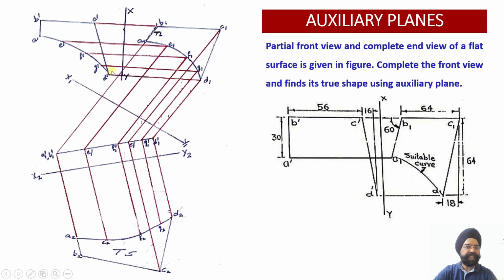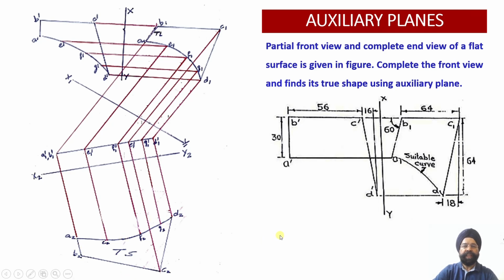Having completed this curve, now we have gone parallel to this edge view, and all the distances from X1, Y1 have been appropriately plotted over here to derive the true shape of this lamina, which is involving straight as well as the circular edges.